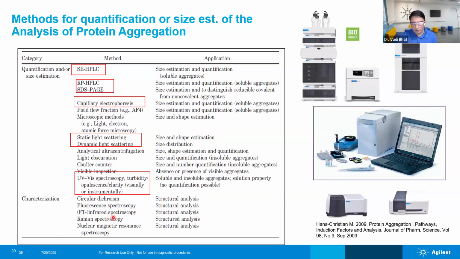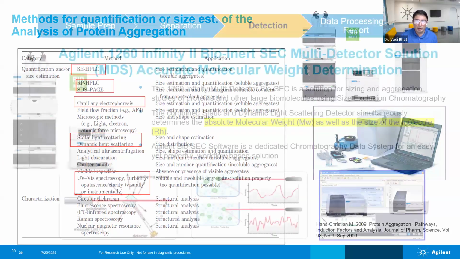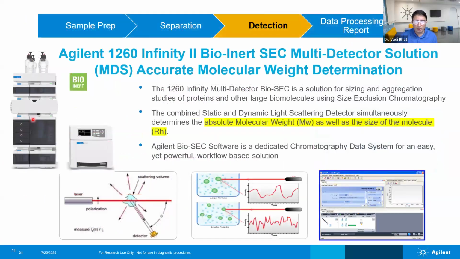Maybe I have a little bit of information on fluorescence based spectroscopy. Let's look into that. Traditionally, aggregation is analyzed by HPLC with a UV detector, or a combination of UV, RI, that's the refractive index, or light scattering. Typically, I'm going to skip this slide and how it will be used technology-wise. Let me look into some of the data.